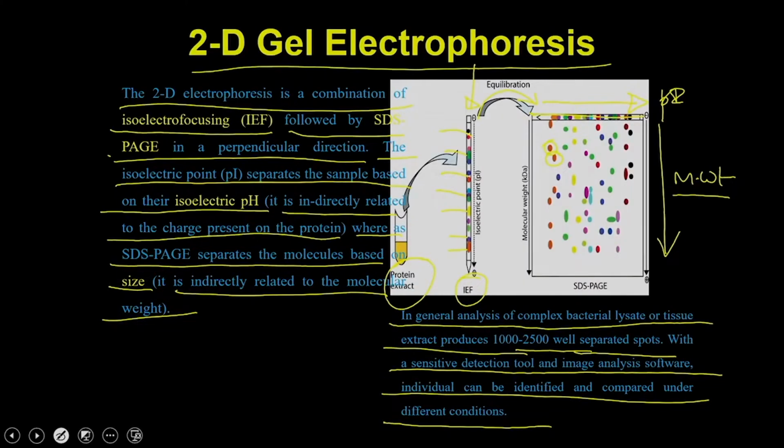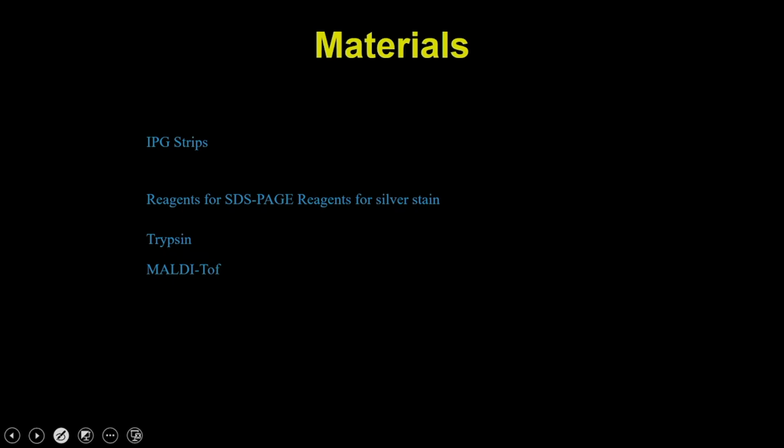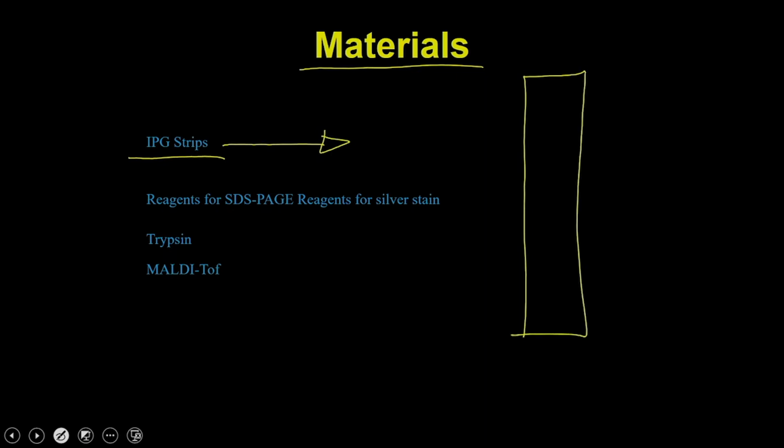How to perform two dimensional electrophoresis? The material you require for two dimensional gel electrophoresis is the isoelectric focusing strips. These isoelectric focusing strips are nothing but strips of cellulose where ampholytes of different charges are arranged onto the strips.